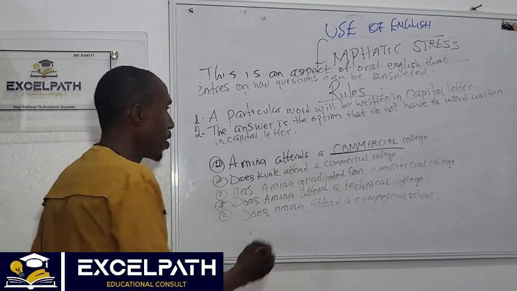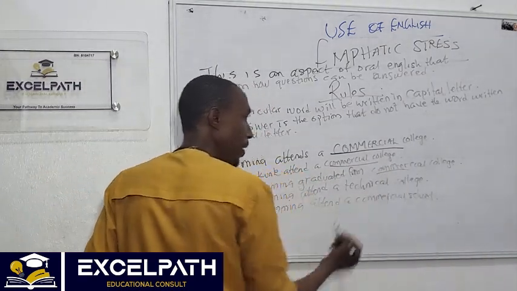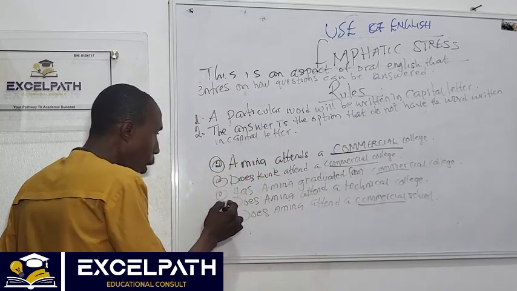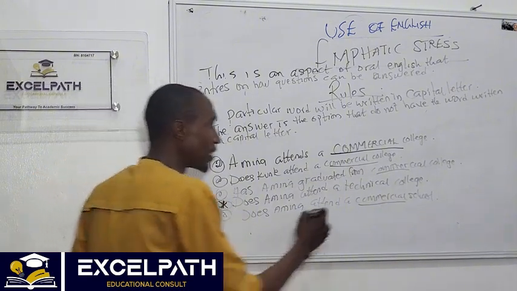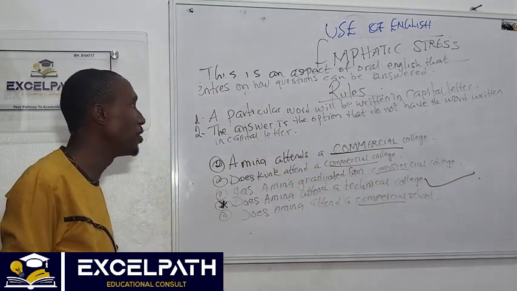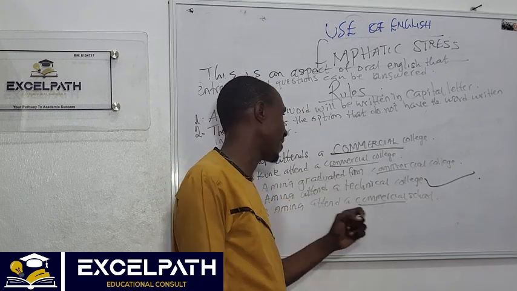We have commercial in option A, in option B, and in option D. But in option C, there is no word commercial. So the correct answer is C. So these are the things that you need to know under emphatic stress.